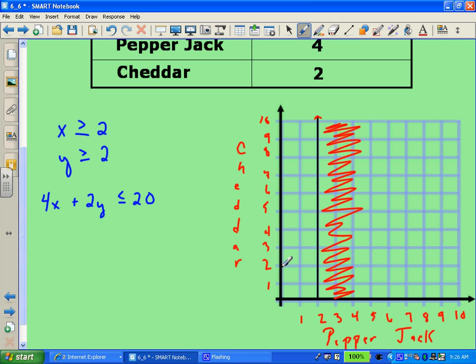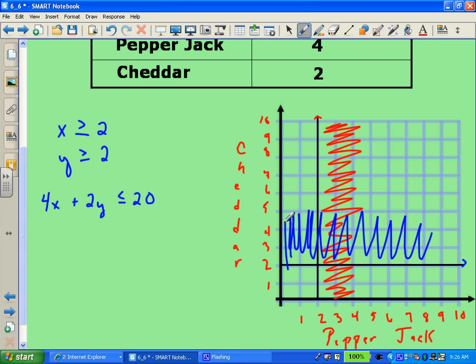Okay. Now, my next one, y greater than or equal to 2, is a horizontal line at 2 on the y-axis. It's going to look something like this. Greater than or equal to, it would get shaded above.